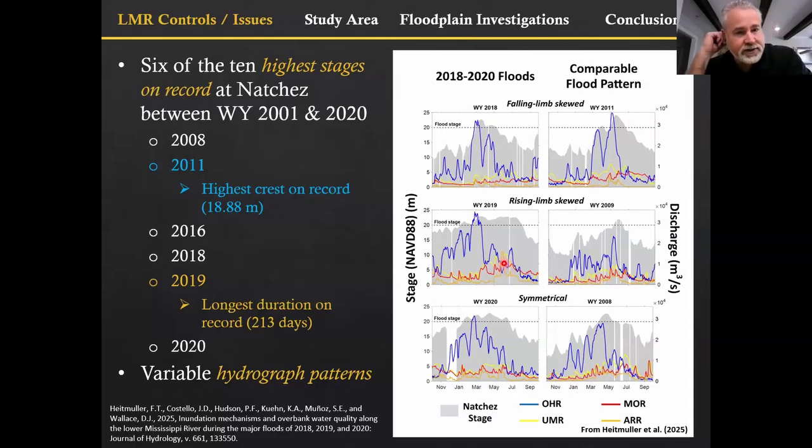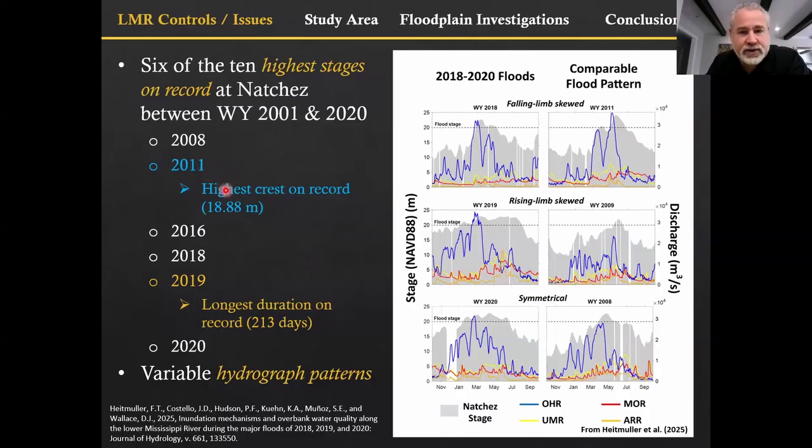Through water years 2001 to 2020, 6 of the 10 highest stages on record were observed at Natchez. So once again, that leads us into the question: is this a sediment-clogged type of area? Or is this more related to hydrologic changes and climate change through time, or some combination of both? Why are we getting more intense flooding, more frequent flooding along this reach of channel?